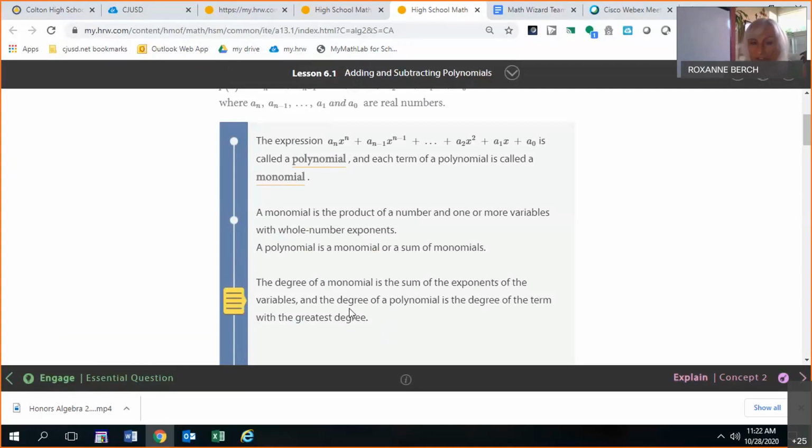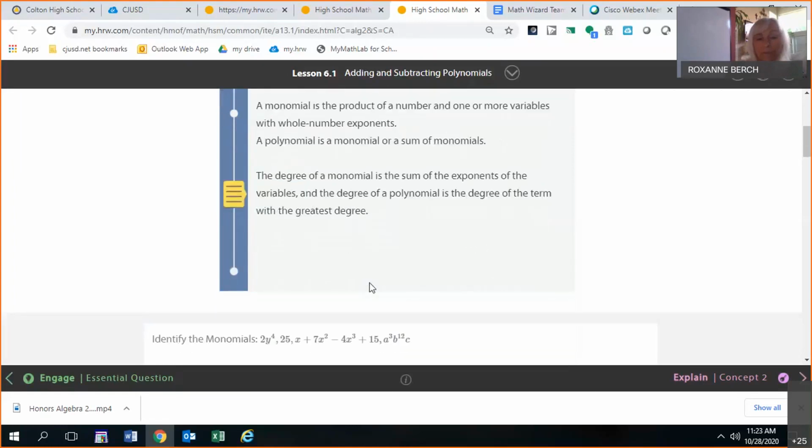Now we're looking at the degree of a monomial, and we have to add up the powers of the exponents of the variables. And finally, you know this already, the leading coefficient of the polynomial is the coefficient of the term with the greatest degree. Okay, so we're going to do some exercises here.